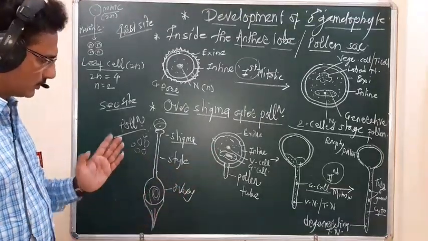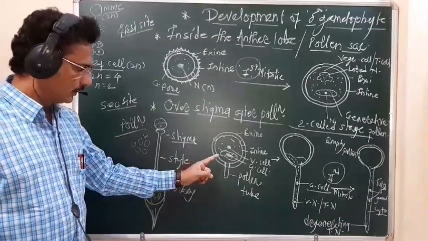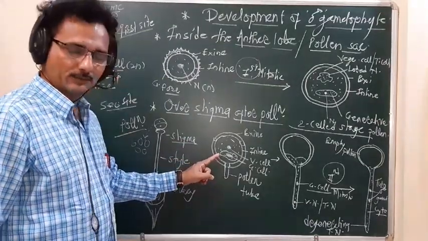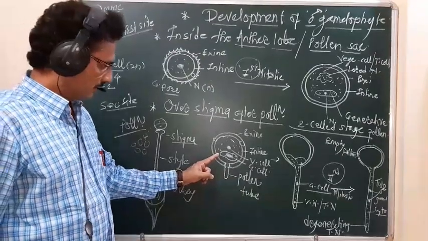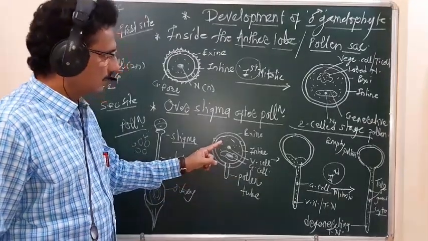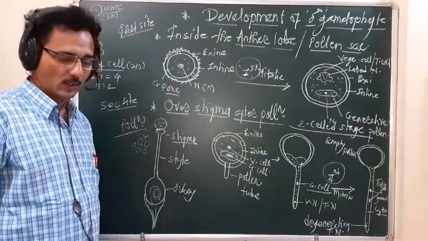So there is no question of forming the pollen tube from the generative cell. So which cell is responsible for formation of pollen tube? This vegetative cell or the tube cell, they are responsible. Okay.